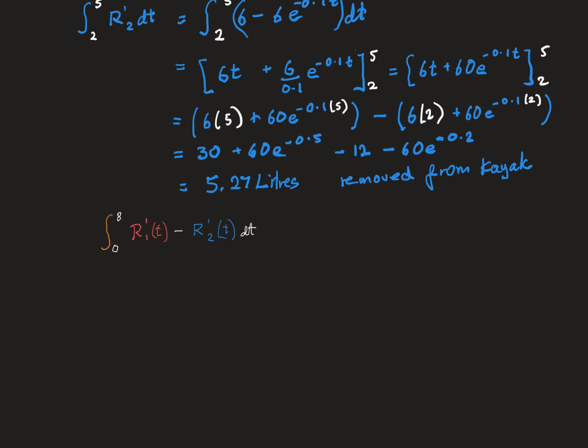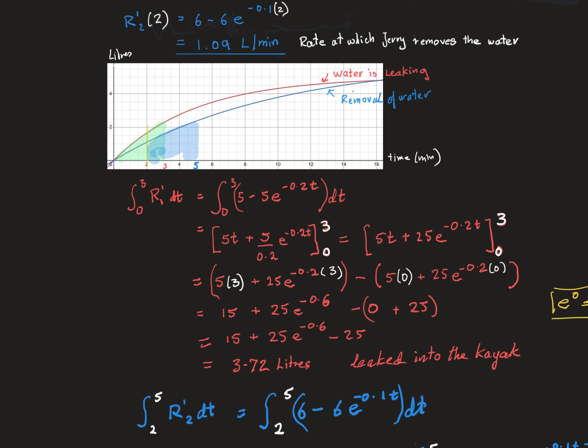We're looking at the amount of water from time equal to 0 to time equal to 8, so the amount of water in the kayak from the time it struck the rock and Jerry's been bailing, up to 8.